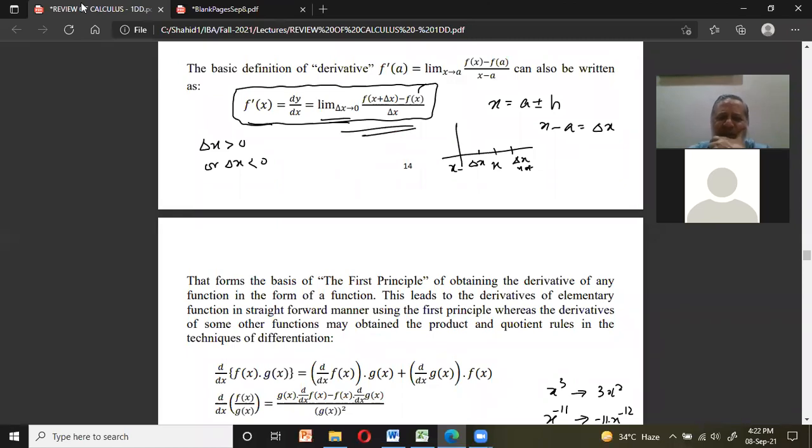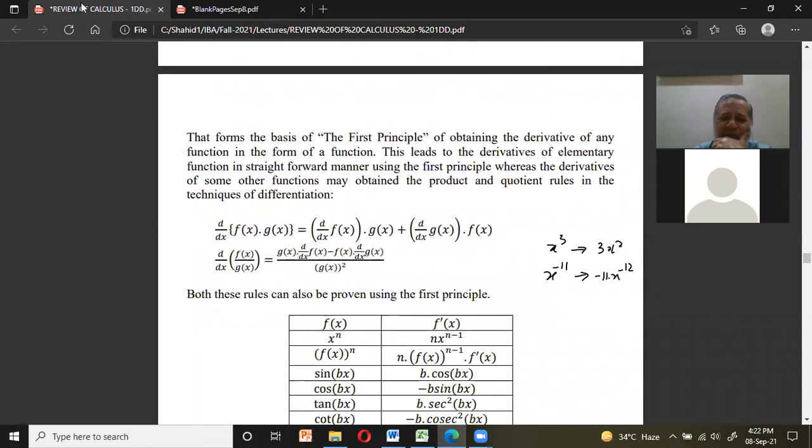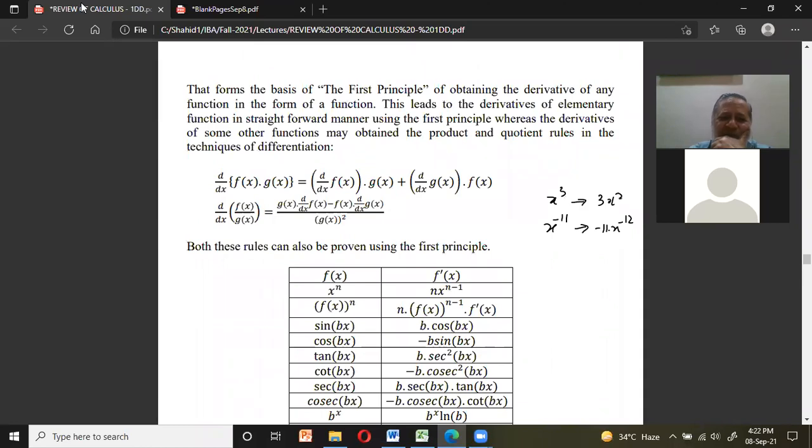Every major student is required to prove all the basic derivative formulas. They are also required to prove this u into v rule, the derivative of a product of two functions. I hope you people are familiar with these rules, which is generally written as derivative of u into v is u dv plus v du.